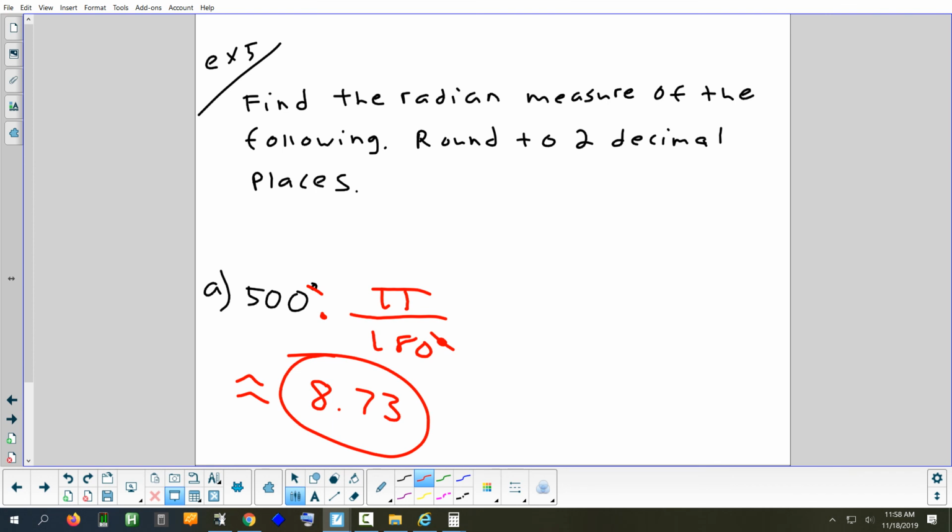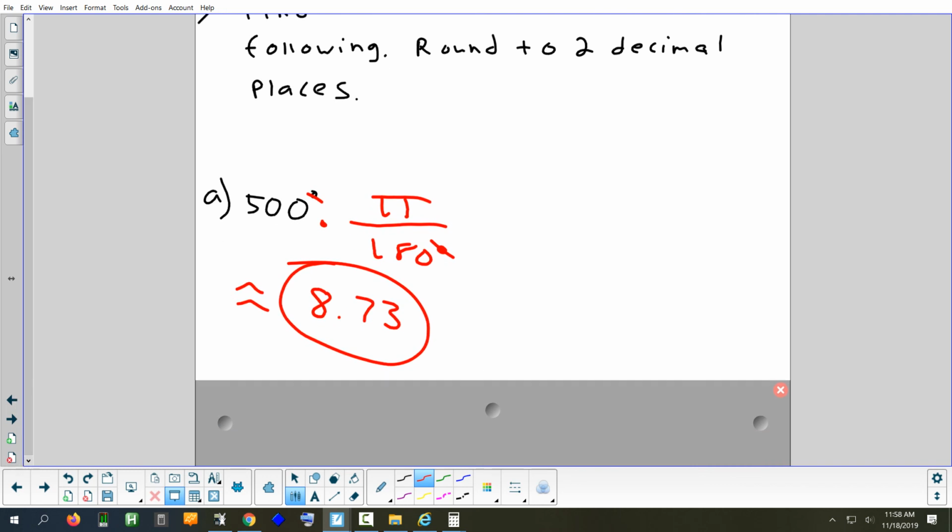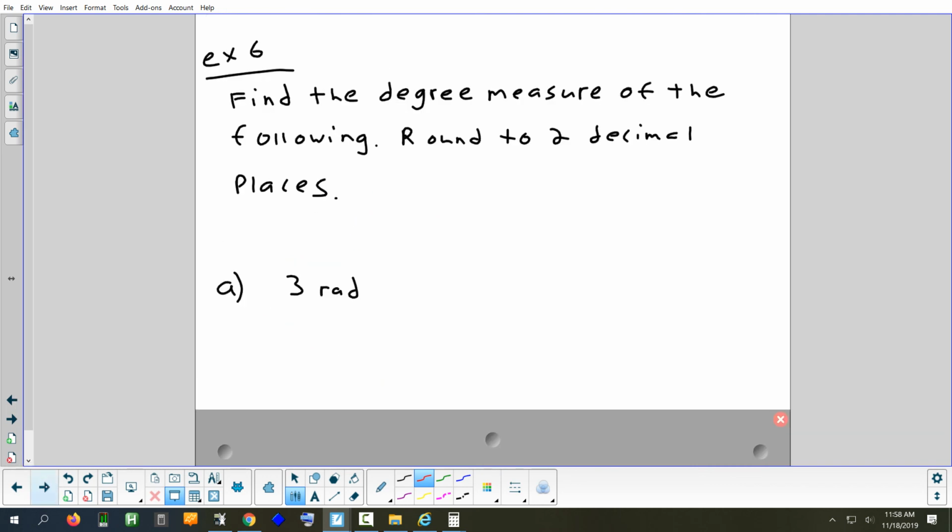Why can't we use 3.14 for pi? I'll do it on this one. I'll show you what happens. Okay, we've got to get used to not seeing that. How do I convert 3 radians to degrees? 180 over pi.